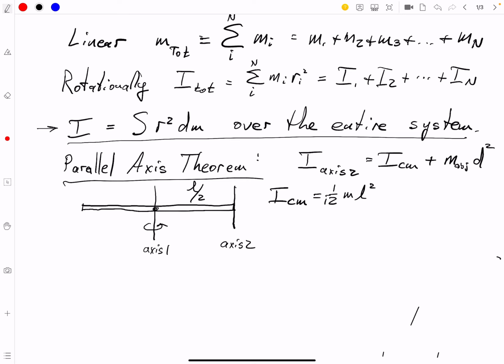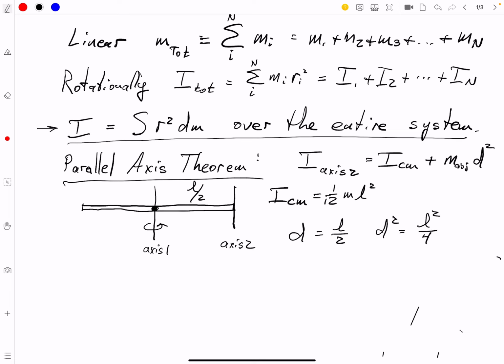The center of mass is here. So the distance d from axis 2 to the center of mass is equal to L over 2. If we square d, then we get L squared over 4.